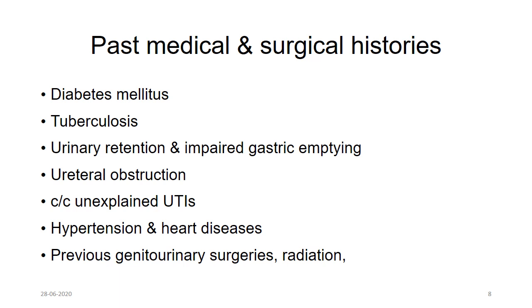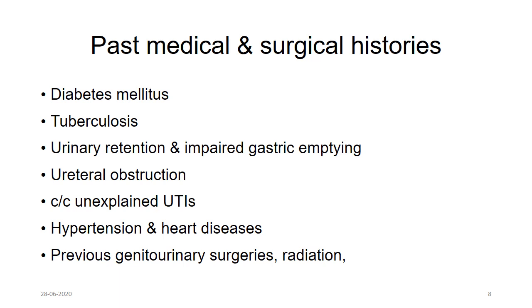Now, moving to past medical and surgical histories. First, we should ask whether the patient is having any history of diabetes mellitus, because this will produce autonomic dysfunction. And tuberculosis, there may be impaired RFT following medicine usage.